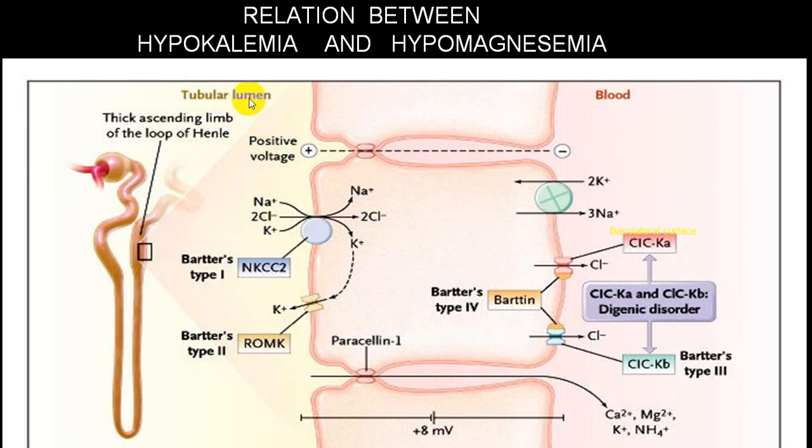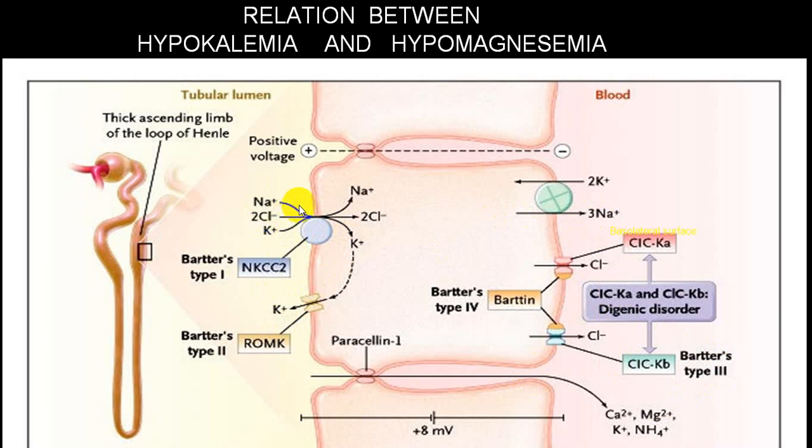In this particular condition, potassium is shifted inside the cell for 3 molecules of sodium at the sodium potassium pump, and in Bartter's type 4 you will have magnesium, calcium, potassium and ammonia exchange taking place from the tubular lumen into blood, while in Bartter's type 1 and 2 you will have potassium exchange for sodium chloride.